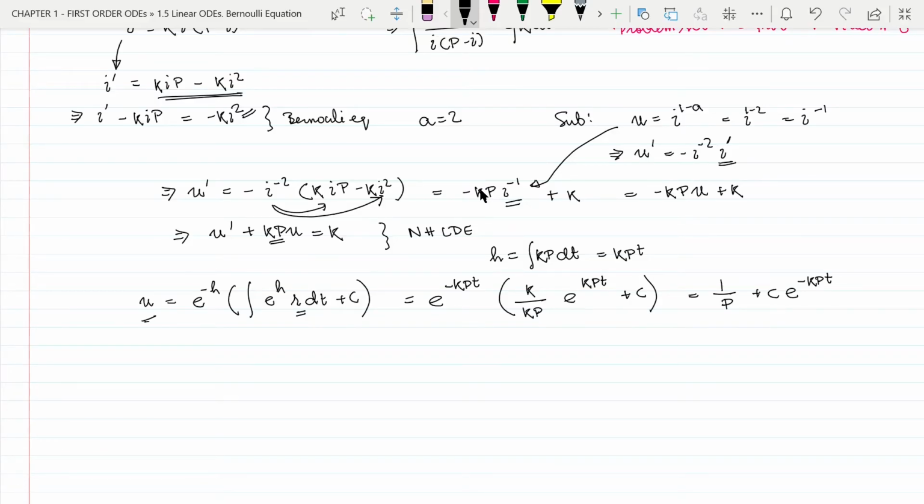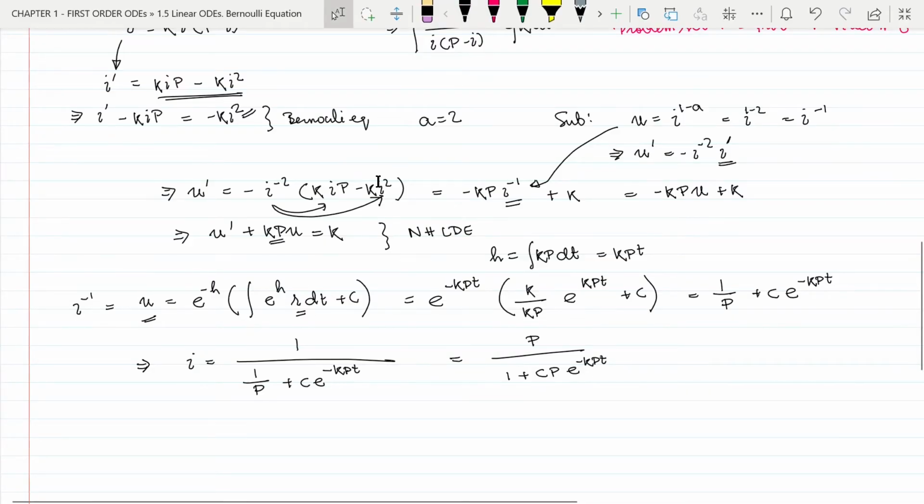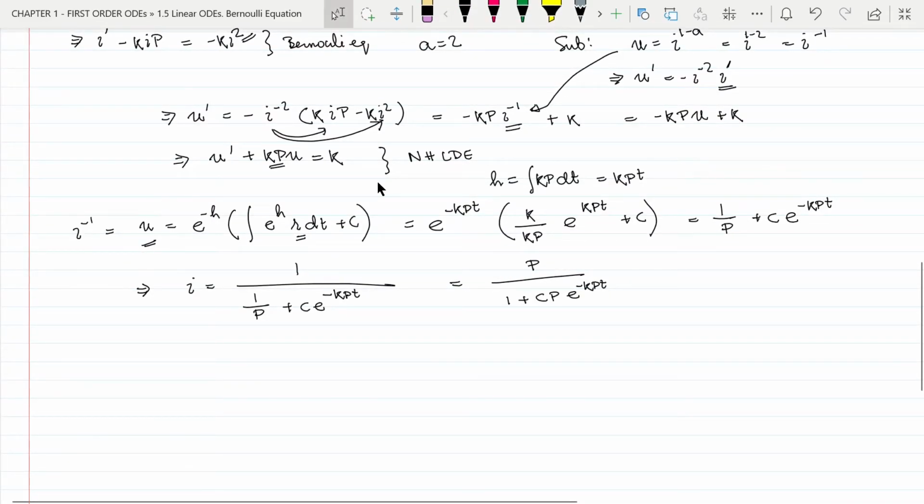Now we know u equal to I to the power minus 1, so this implies I equal to 1 divided by (1 by p plus c e to the power minus kpt), which can be written as p divided by (1 plus cp e to the power minus kpt), and this is the solution of the differential equation.